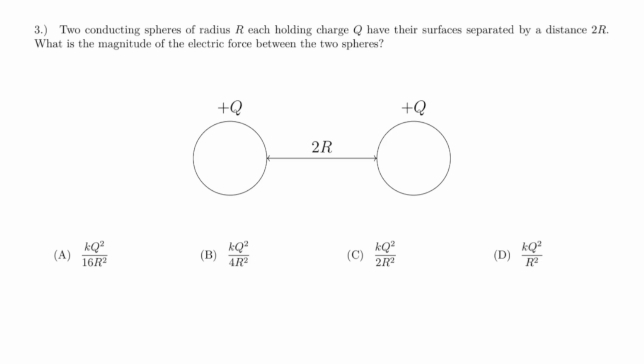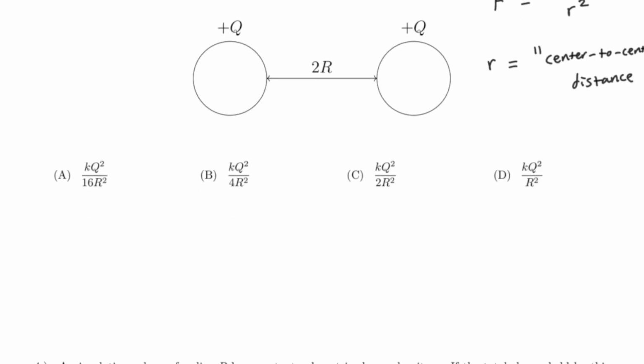And it's important with Coulomb's law that the electric force magnitude is kq1q2 over r squared, where r is not just any distance, it's the center to center distance. So we don't want just this 2r, we want the center to center distance.